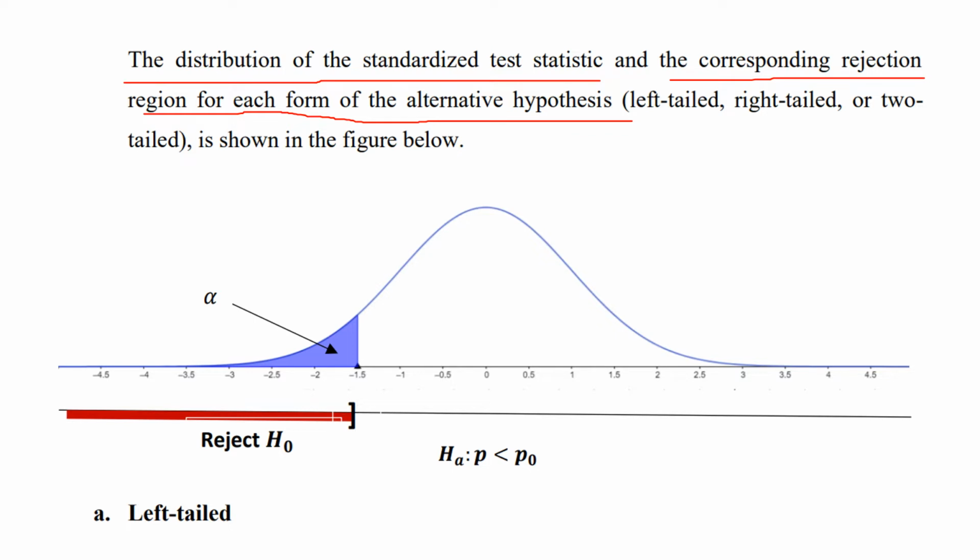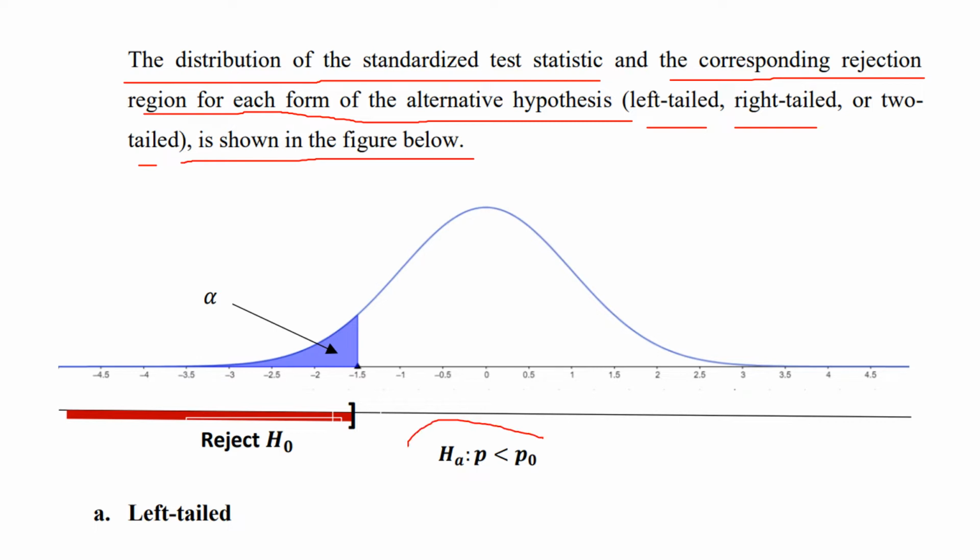From our previous video lesson, I mentioned that whatever symbol is in your alternative hypothesis will serve as your basis if you're going to deal with a one-tailed test or a two-tailed test. It can be left-tailed, right-tailed, or two-tailed. Those tests depend on the symbols that you're going to use in your alternative hypothesis, as shown in the figure below.